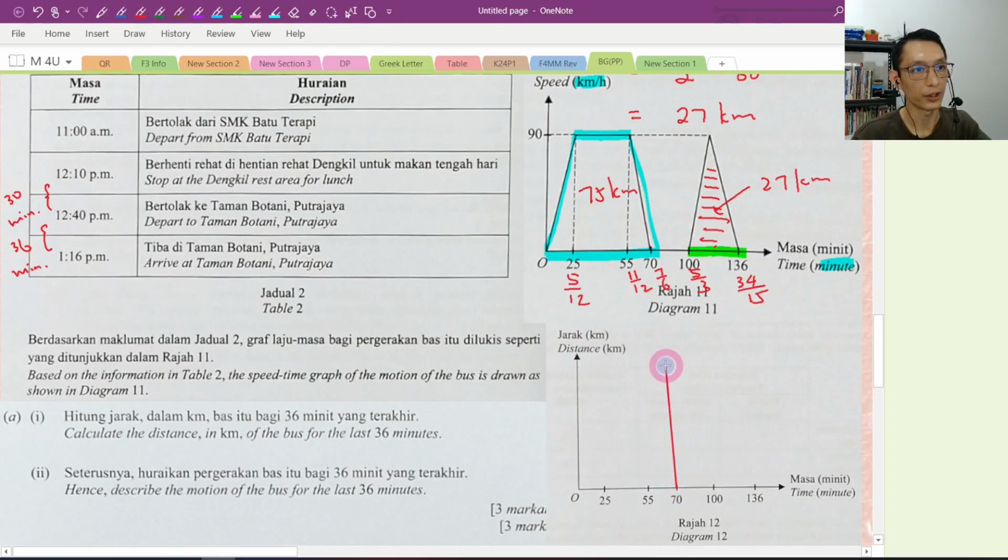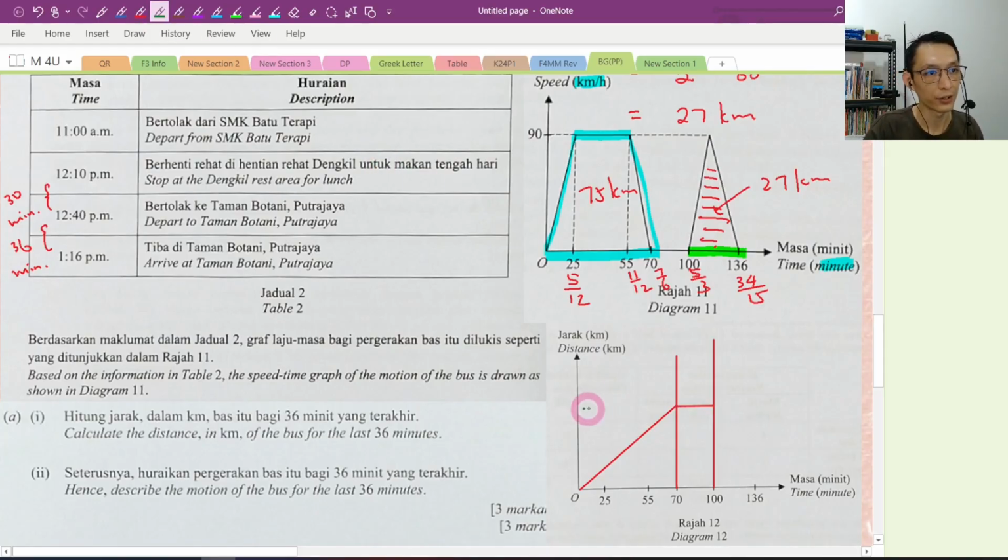Okay, this is 70. From 0 to, this is to 75. Okay, let me draw a vertical line first. And then this will be horizontal line because the car stopped, right? And then go for another 27. Another 27. This is 75. So another 27. 102.